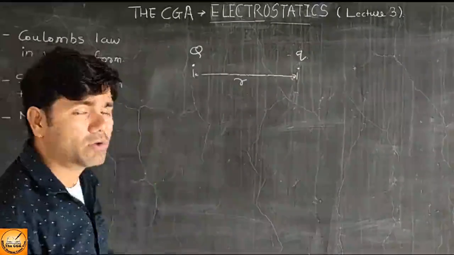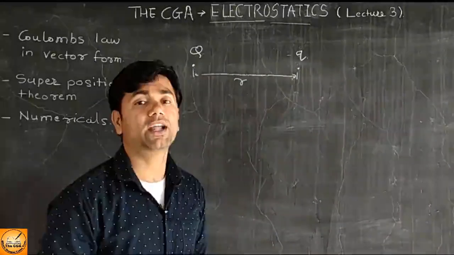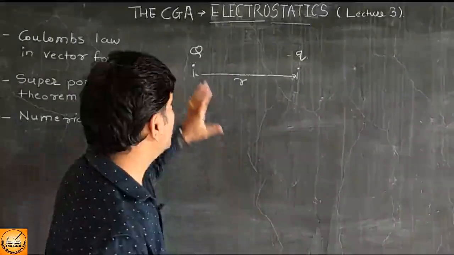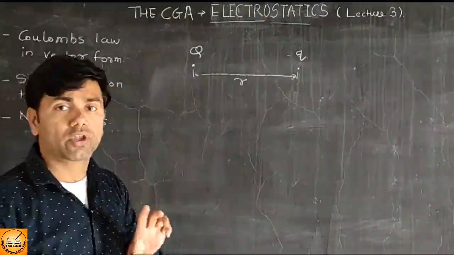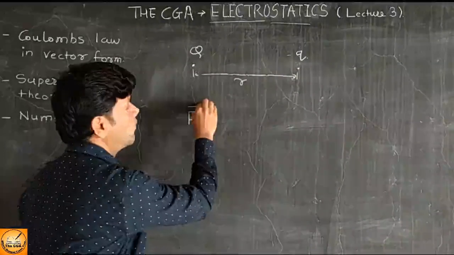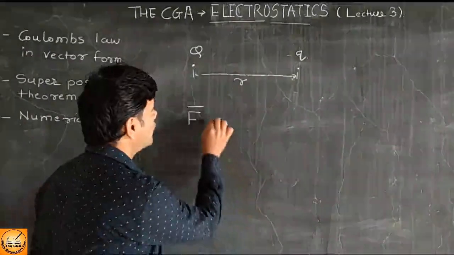So whenever we want to learn about Coulomb's law in vector form, we have to know two statements regarding this. Force is a vector quantity. In the last class, whatever we learned was the magnitude of the force.